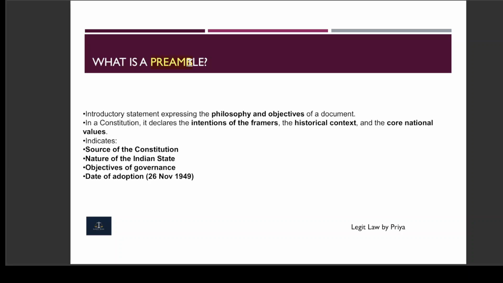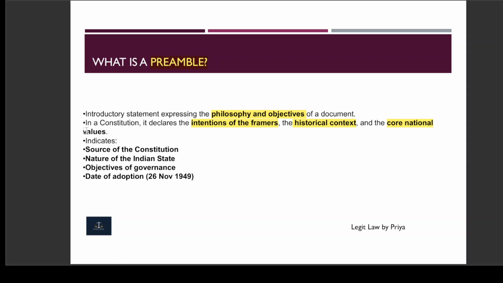So, what is a preamble? A preamble is like an introduction, a brief opening statement that sets out the purpose, philosophy, and objectives of a document. In a constitution, the preamble reflects the true intention of the framers, the historical context, and the core national values.